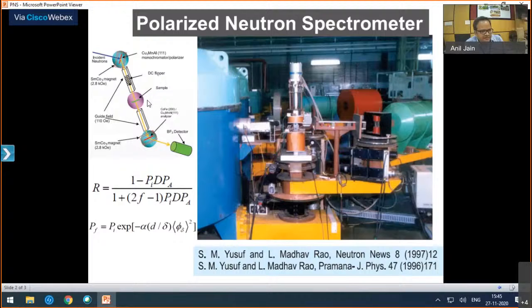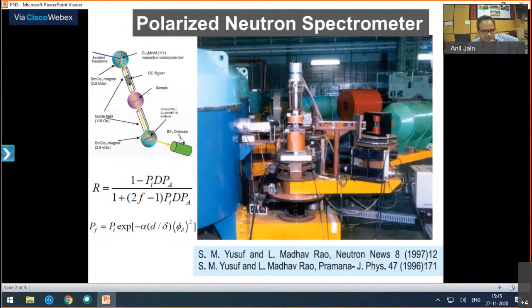This beam then interacts with the sample, and then again we have an analyzer to check the polarization of the neutron beam. And this is the detector.